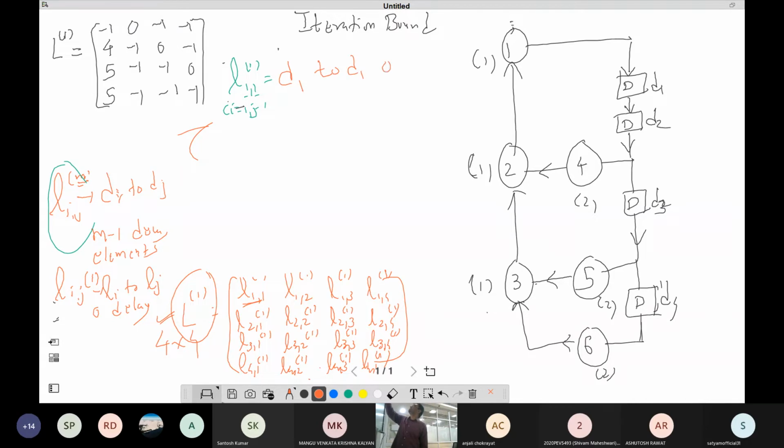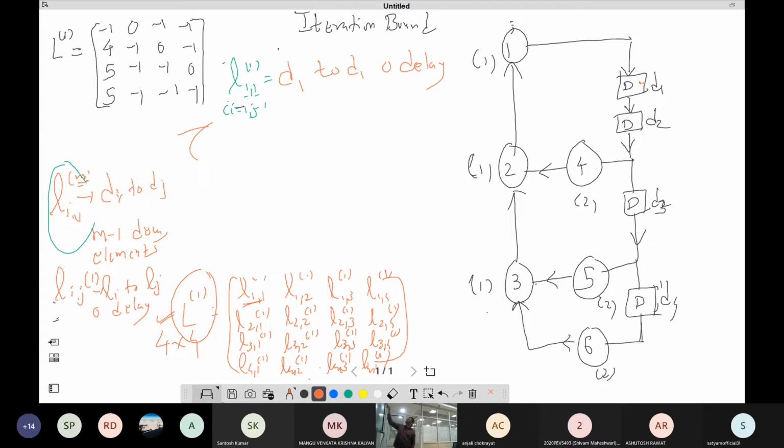Now I need to go from D1 to D1 where there is a zero delay element. Where is D1? D1 is this. So I need to start from D1, reach D1 again, and find a path with zero delay.